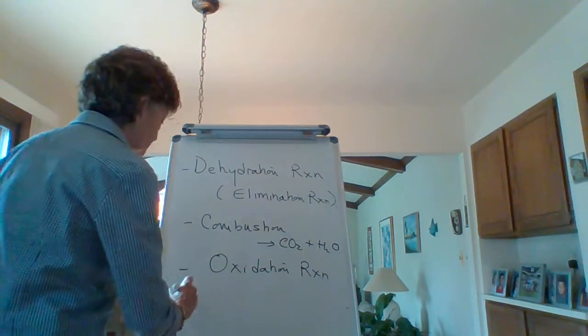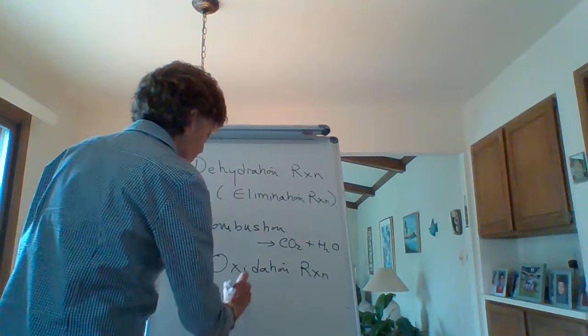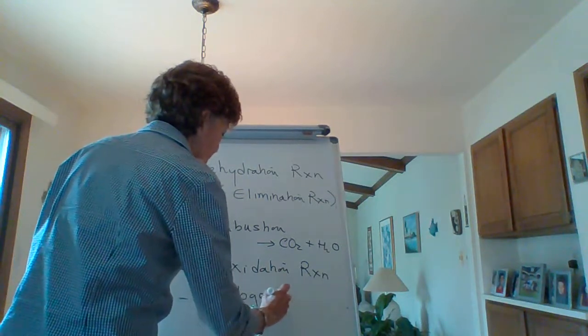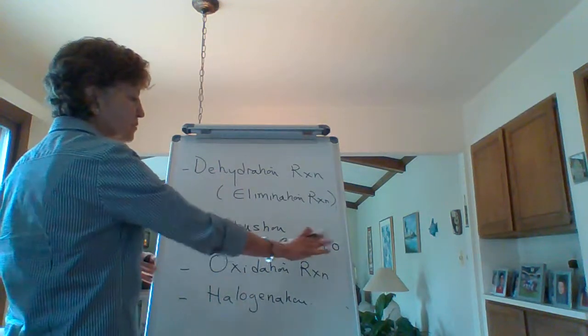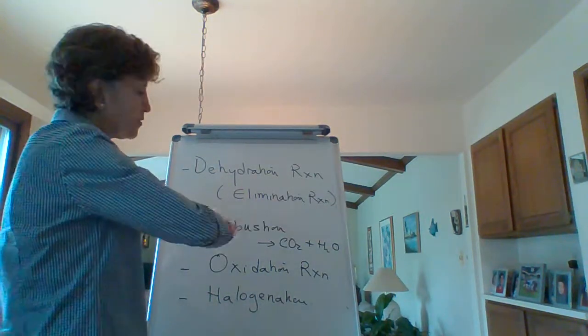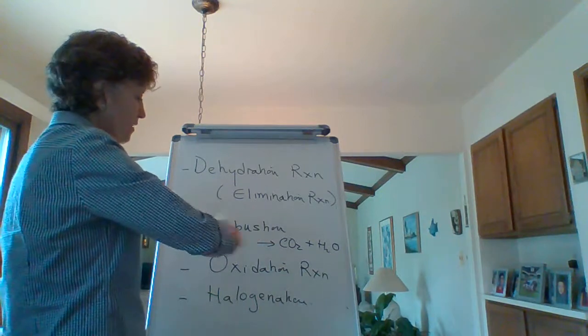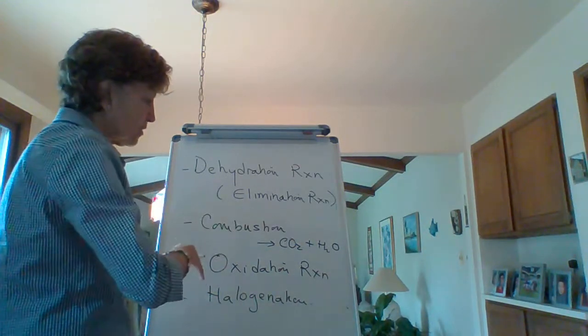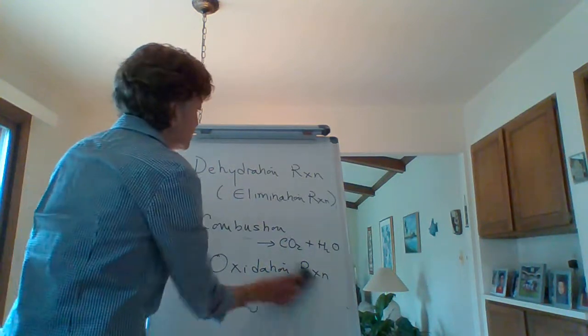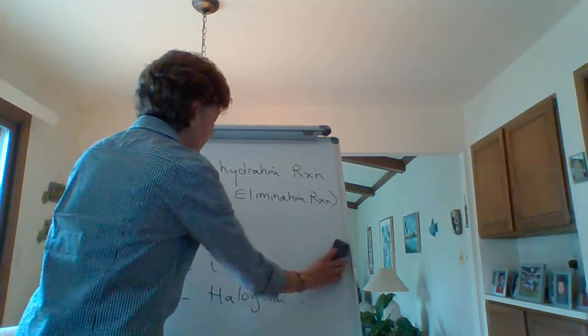And then there's also halogenation reactions. All right, so let's first start off with this. We already covered combustion. It's pretty much the same as with the alkenes and alkanes. Oxygen, products are always carbon dioxide and water. So let's focus on the dehydration reactions.